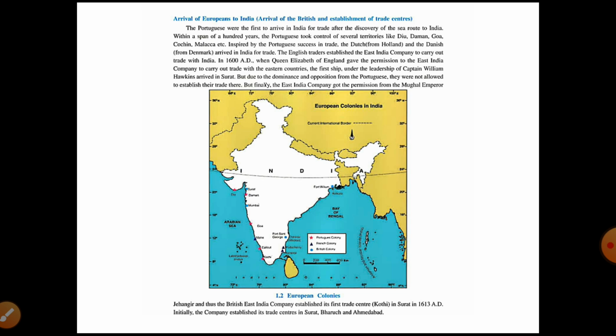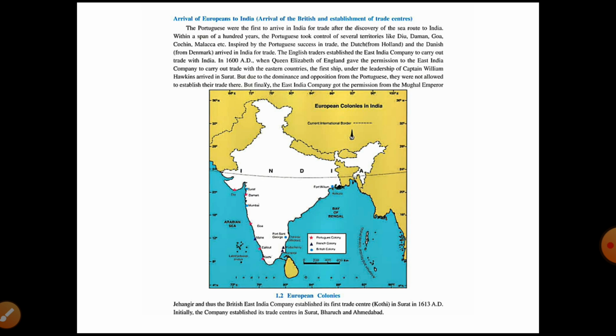So in 1600, Queen Elizabeth was ruling over England, and she gave permission to the East India Company to trade with the eastern countries. The first British ship came to India under the captainship of William Hawkins.